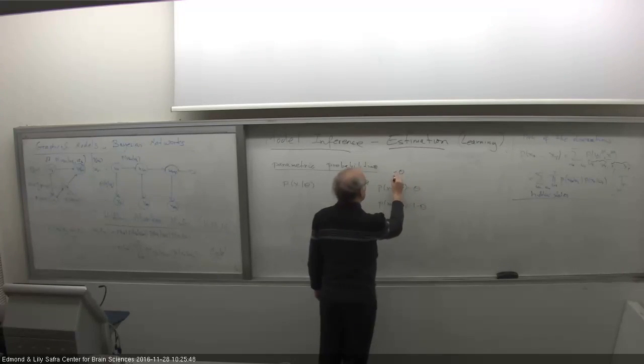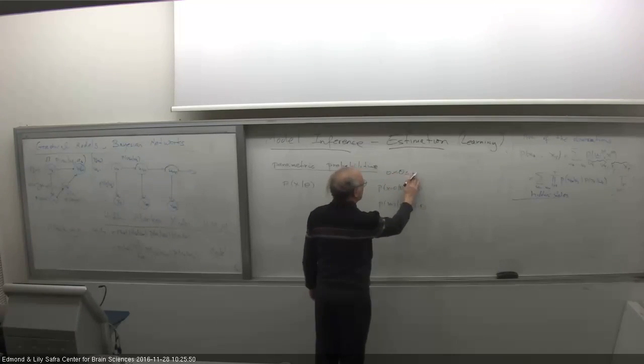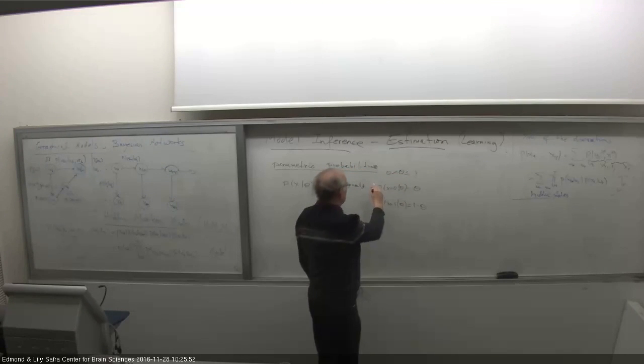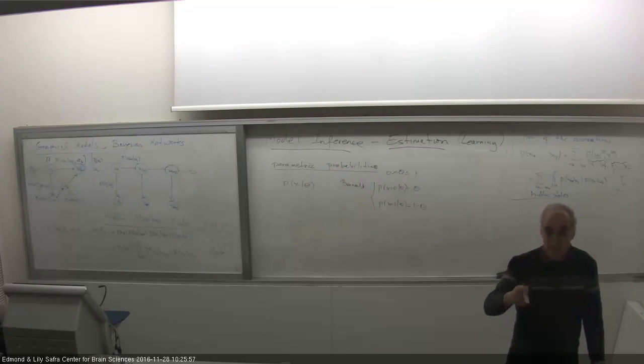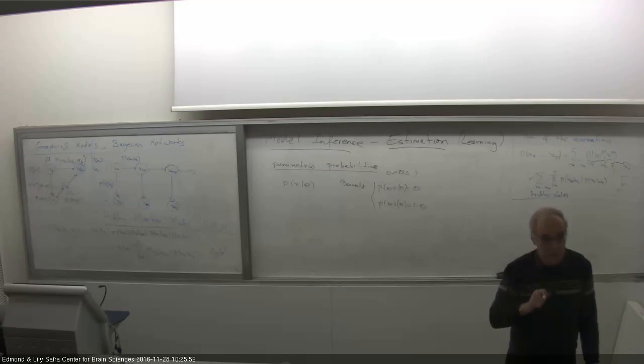And theta is a continuous number between 0 and 1. This is almost the simplest probabilistic model I can think of: independent coin flips.